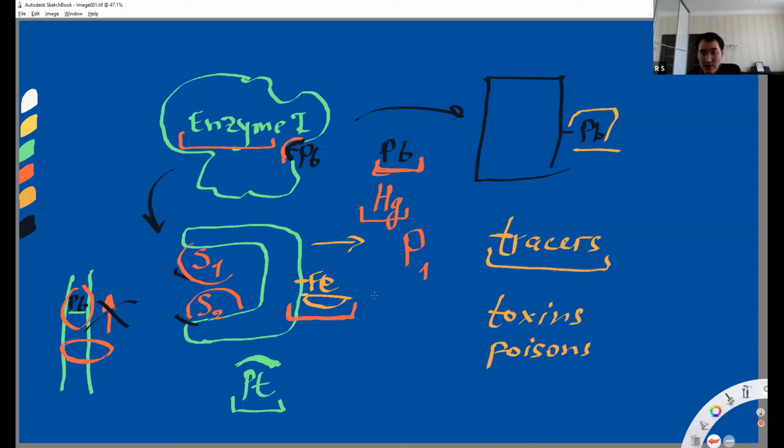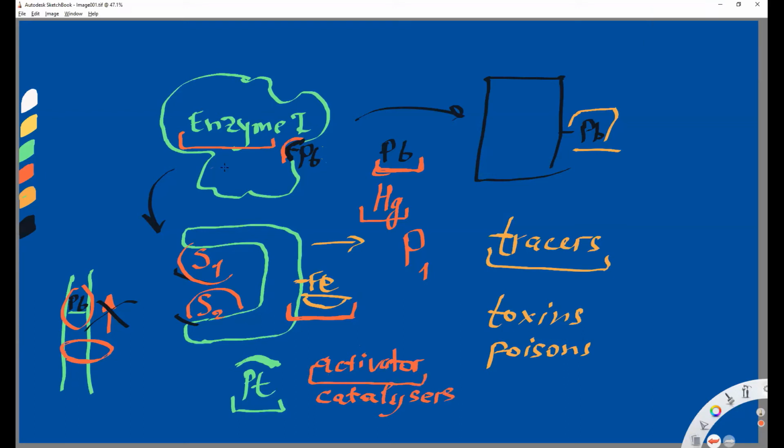So they are called activators and never catalyzers, because they themselves do not do the catalysis. They just activate the real specialized catalyzer called enzyme. Okay, thank you. You're welcome.